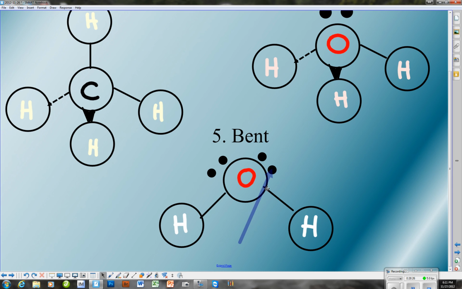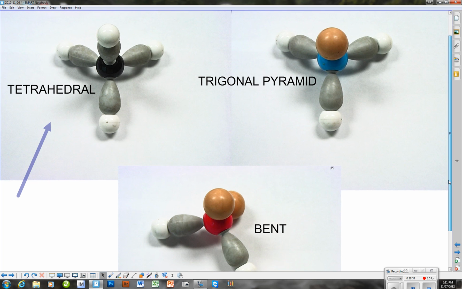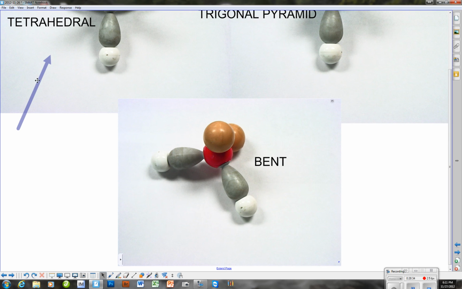Well, it's kind of hard to get a visual on that, so when we look back here at this drawing, or at this representation of a bent molecule with our model set, we'd have an unshared pair here and here, which makes it look a little bit more realistic. Here's our shared pairs, and here's our hydrogen, and the oxygen is here in the middle.